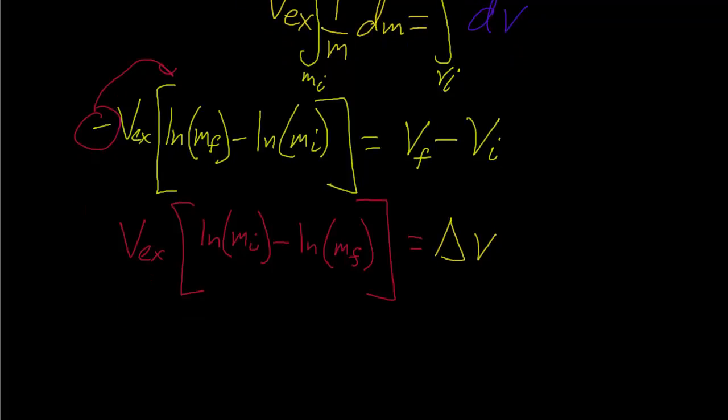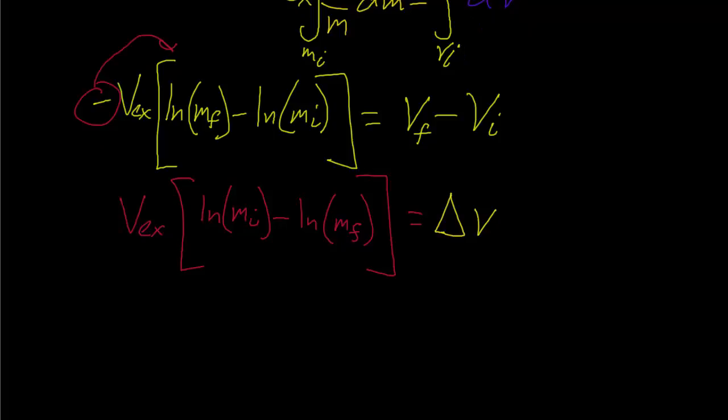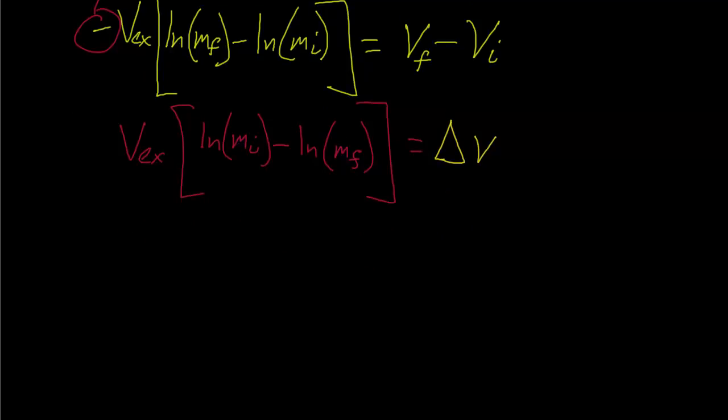We can write that as change in velocity. This triangle represents change in velocity. And we can simplify this natural log function as well. Anytime two natural logs are subtracted from each other, we can say that the exhaust velocity multiplied by the natural log of the initial mass divided by final mass is equal to the change in velocity.